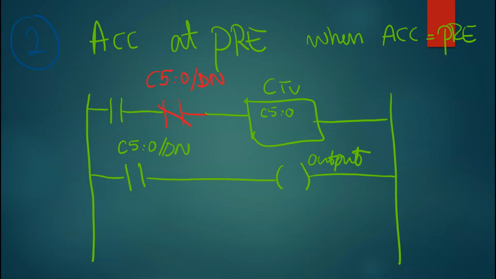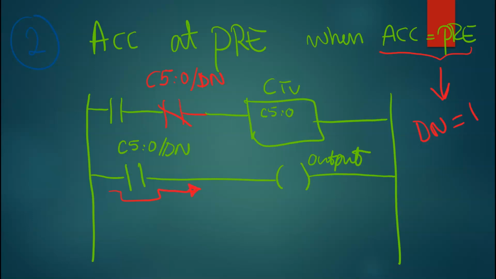So if I forget about this red part, my application is basically the copy of the previous application. But what happens here is that when the accumulator value is equal to my preset value, as soon as those are equal, the done bit will be 1, and obviously it turns on my output field device.